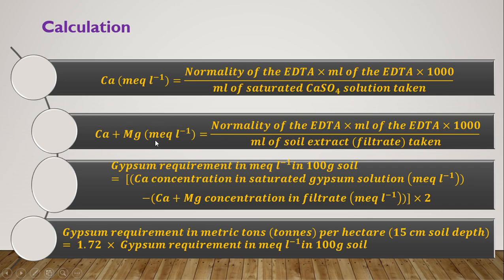Calcium plus magnesium can be removed by using this equation. So the gypsum requirement can be written as calcium, this equation, minus calcium plus magnesium into 2. That is the total amount of gypsum required for removing the alkalinity caused by calcium as well as magnesium. So that is the thing.